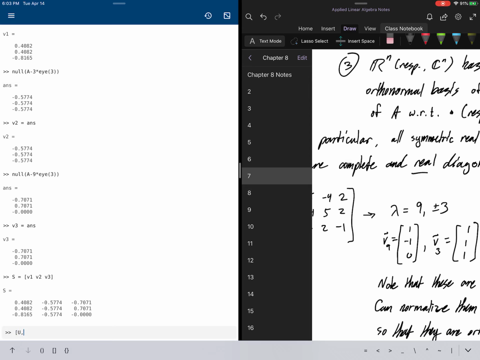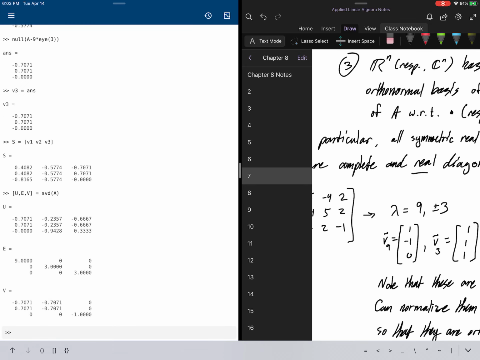Or I could go ahead and compute, oh shoot, what do I want to call this? I'll do an E for right now. [U, E, V] is going to be svd(A). This is going to be a little bit different, tiny bit different, but you'll notice some similarities between these vectors.